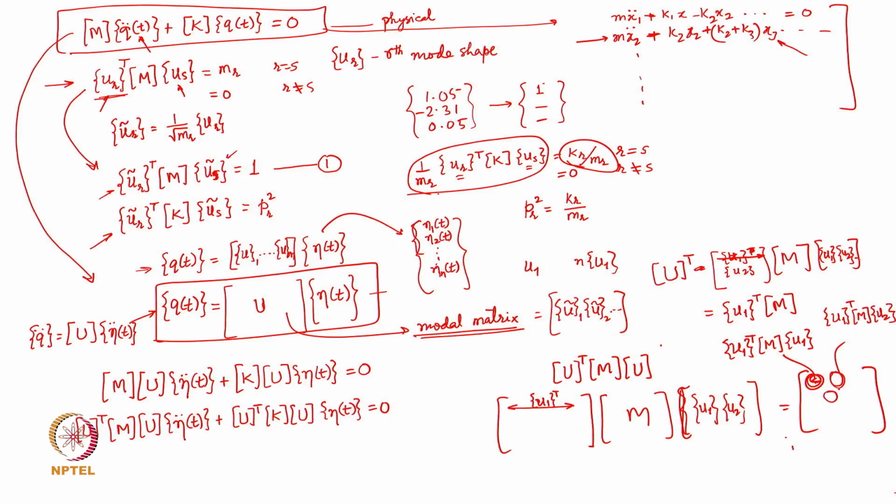This second diagonal element is going to be U2 transpose M into U2. What is this value? Because we are considering this to be the mass normalized modal matrix, the product of the same modal vector with the mass matrix, pre multiplication and post multiplication, gives you a value equal to 1.